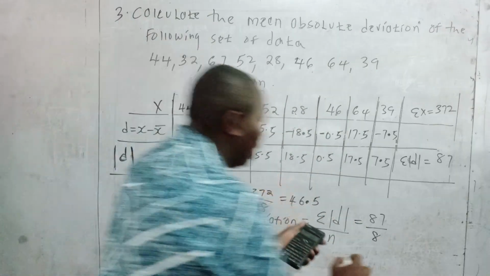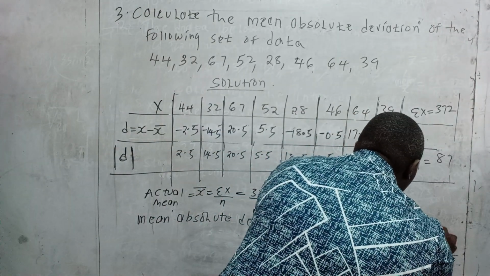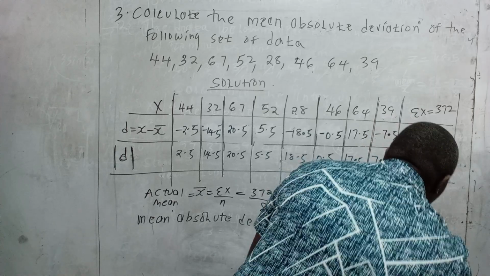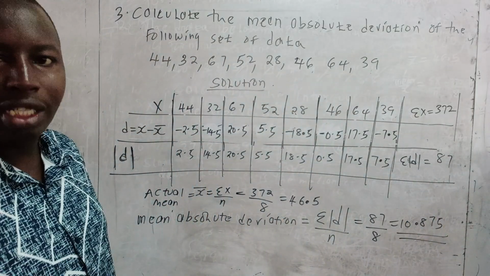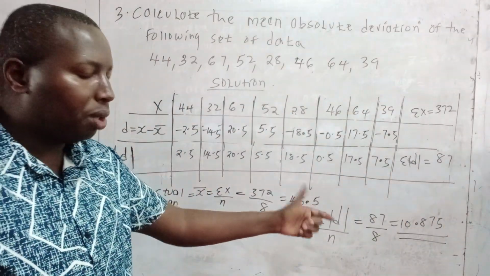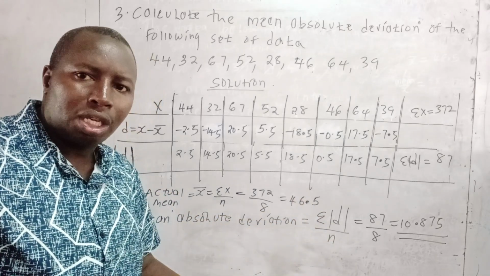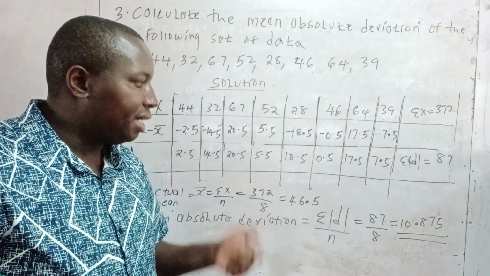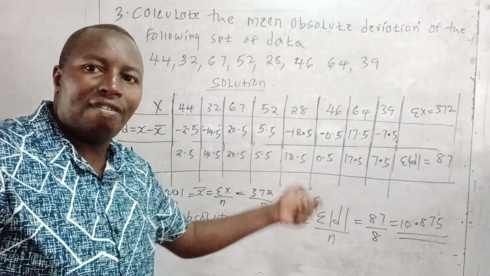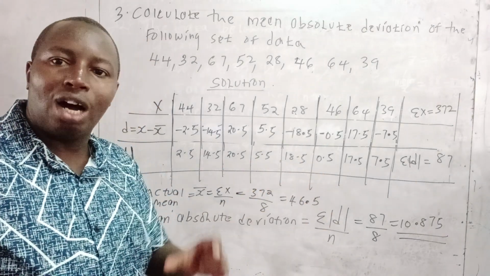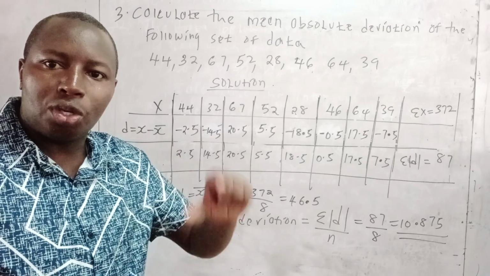The answer comes to 10.875. Do not round off because you are not given instruction on how many significant figures or decimal places. So let the answer remain as 10.875. And that is how you calculate the mean absolute deviation.